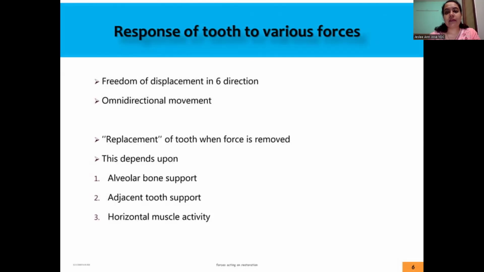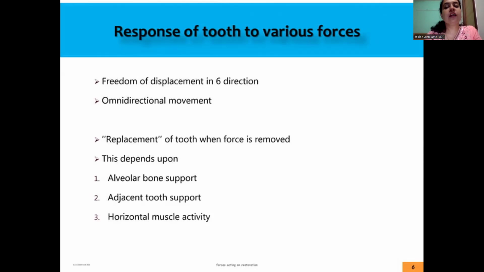Now, being in the oral cavity, a tooth can have 6 types of movement, 6 directions. That is labial, lingual, mesial, distal, or in an incisal or apical direction. So we can put it this way, that it has got an omnidirectional movement.